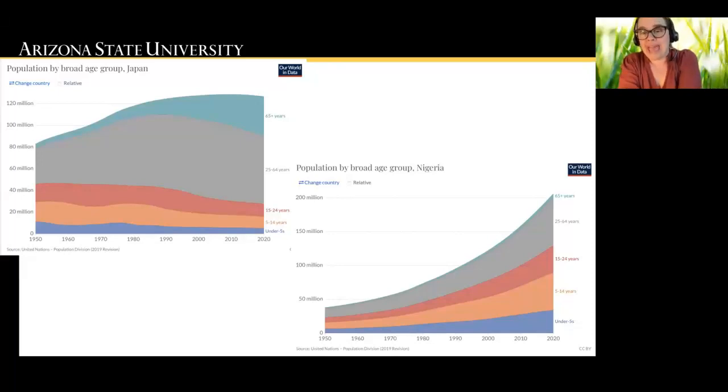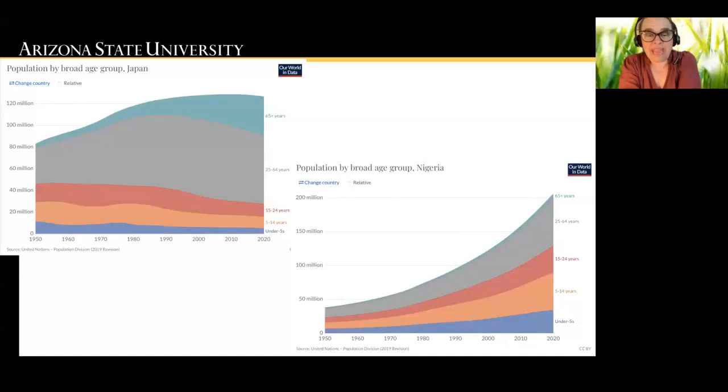When we look at Nigeria, we can see the population of children under 5, and the population about 5 to 14 years and 15 to 24 years. Well, that weight makes up the majority of their population. Then comes their 25 to 64-year-olds. And then 65 and older is almost nothing, so people aren't really living past 64 here.